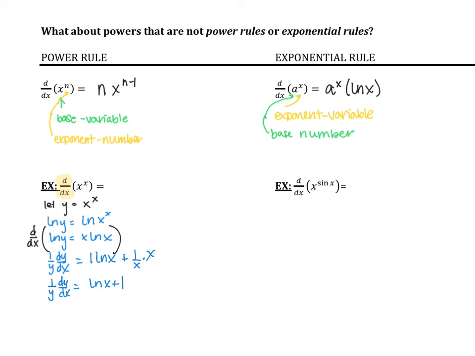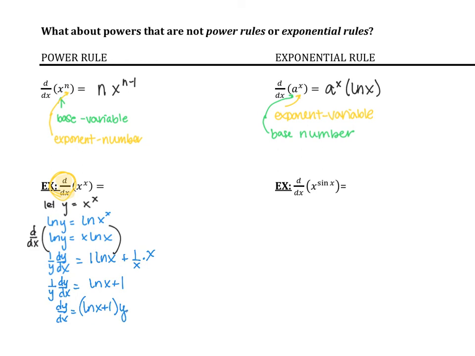Remember, my whole goal is to figure out dy dx. So I'm going to undo it by multiplying both sides by y. We get dy dx equals the natural log of x plus 1 times y.